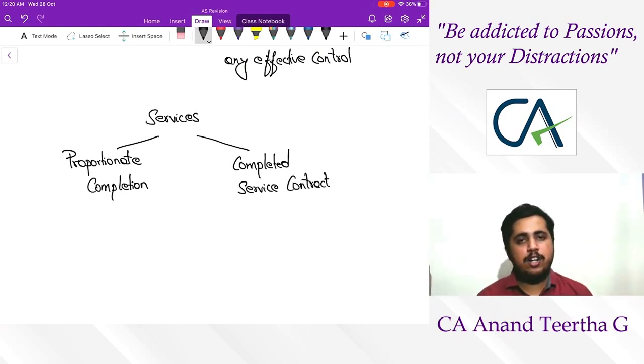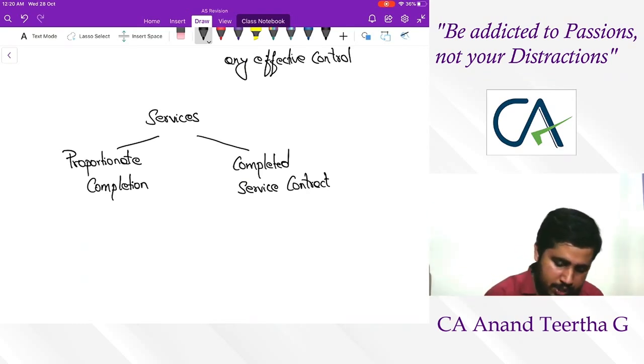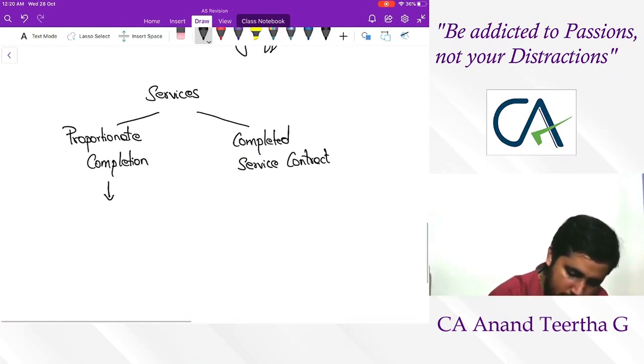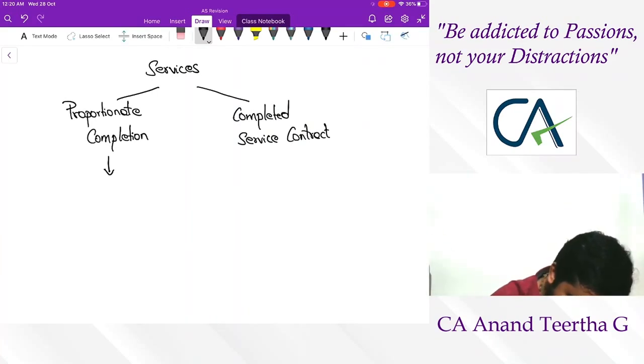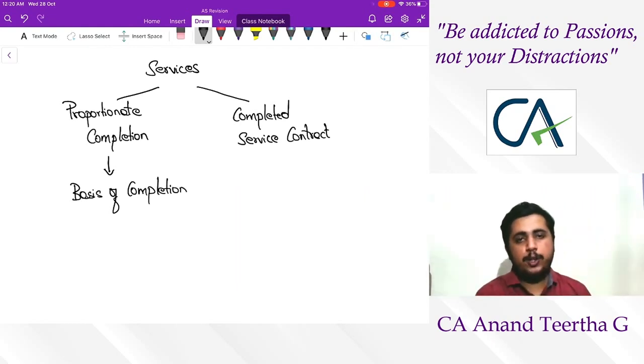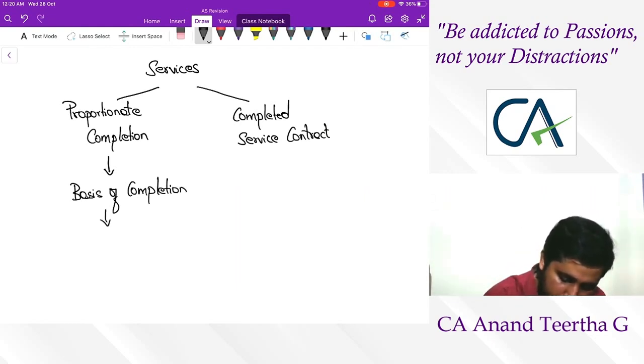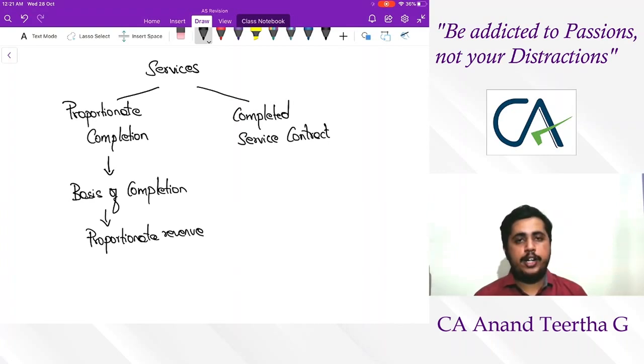If it is proportionate completion, then revenue recognition takes place on the basis of completion. So according to the basis of completion, you are going to recognize your revenue on a proportionate basis.